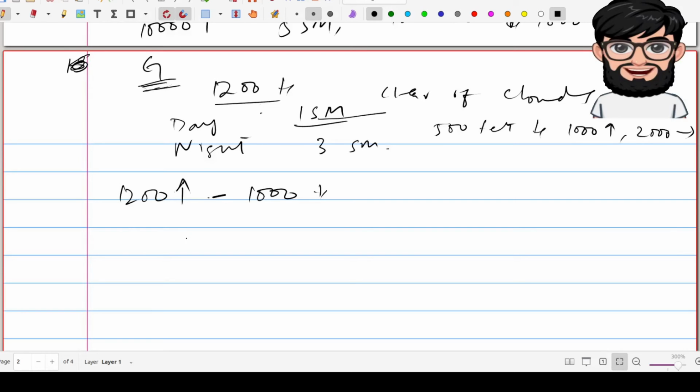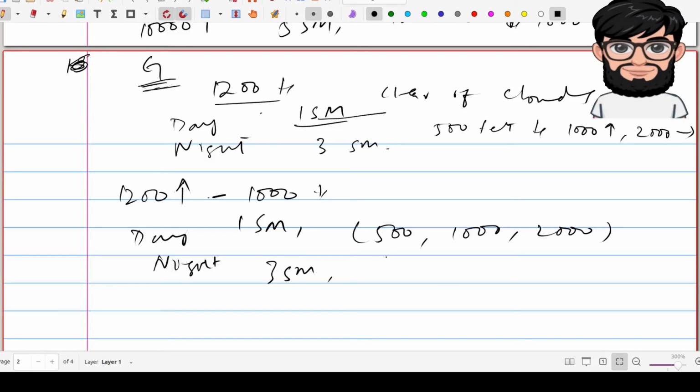In this one, the day is going to be 1 statute mile, and the clearance is going to be 500 below, 1000 above, and 2000 horizontal. At night, we're going to have 3 statute miles, 500 below, 1000 above, 2000 horizontal.